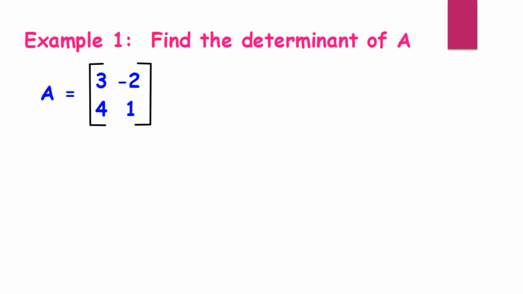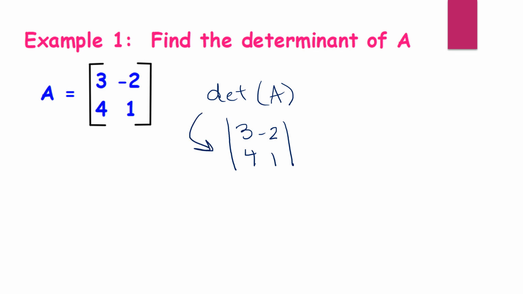All right, example 1, find the determinant of A. So I can have the determinant of A, or I could just see these absolute value bars of the actual matrix. That's what they look like. Okay, again, that means to find the determinant. Just depends on how it's written for you.